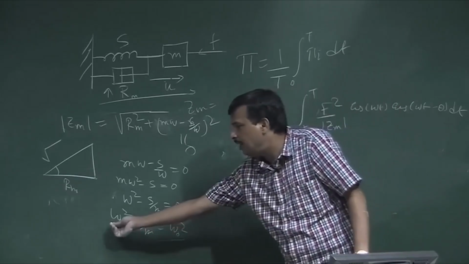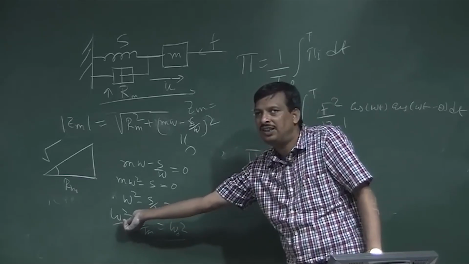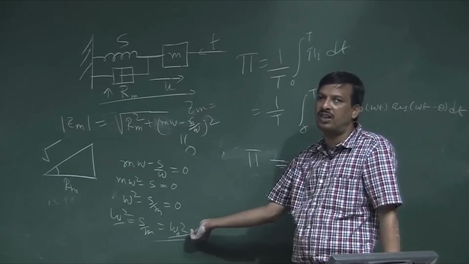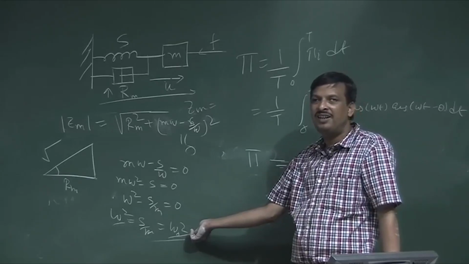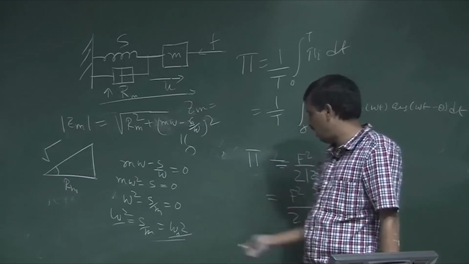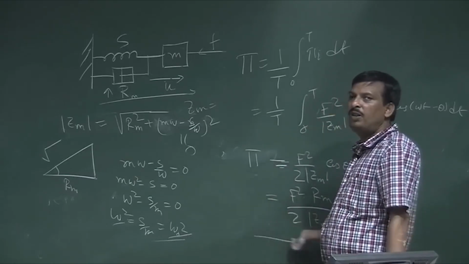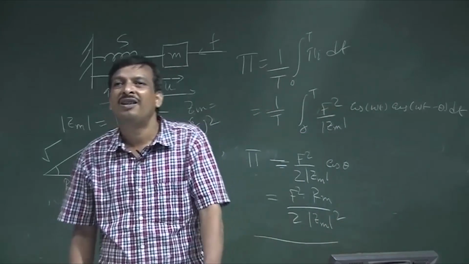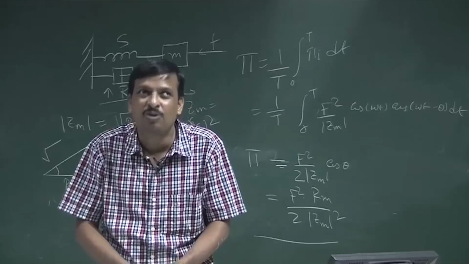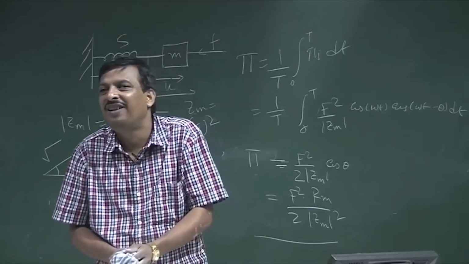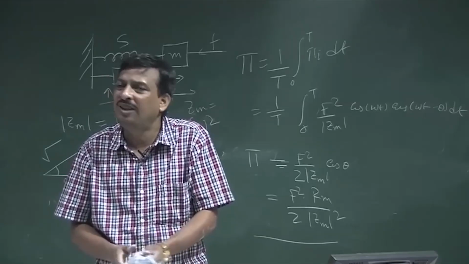If the applied force frequency coincides with the natural resonant frequency of the circuit, then it delivers the maximum power. So, I get the average power maximum. This is called mechanical resonance, which will be discussed in the next class. So, what is mechanical resonance?